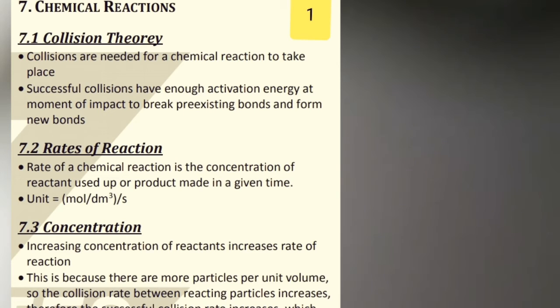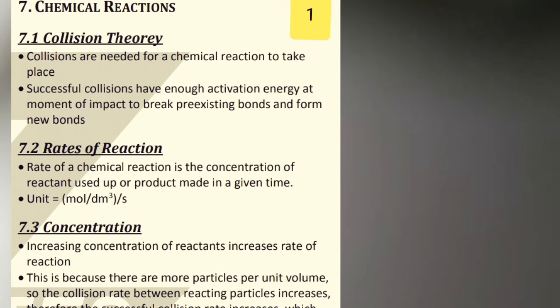According to rate of reaction, the change of concentration of reactant or product with time is the rate of reaction. The amount of reactants decreases with time and the amount of product increases with time. How much reactant decreases or how much product increases with time, that is the rate of reaction.